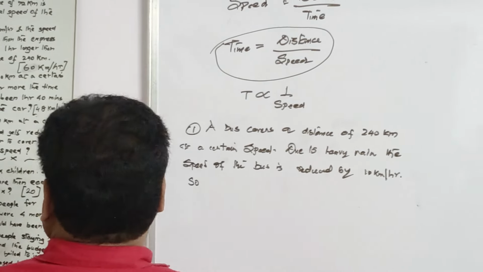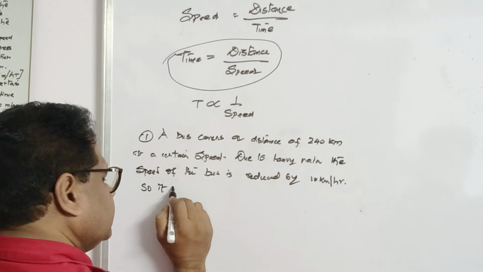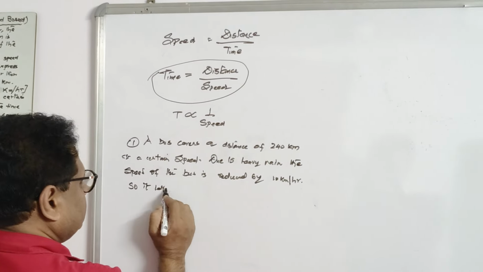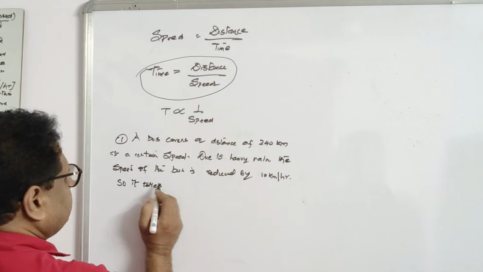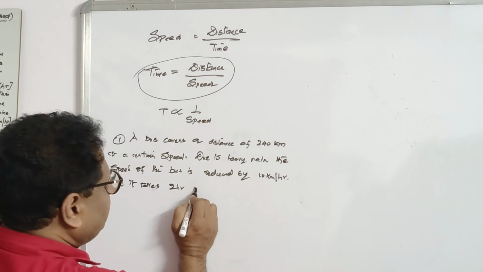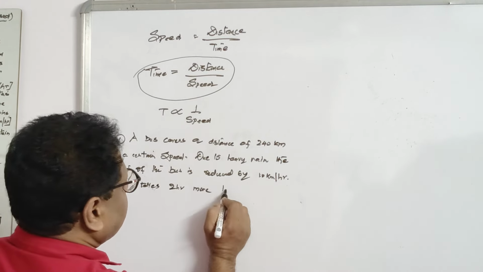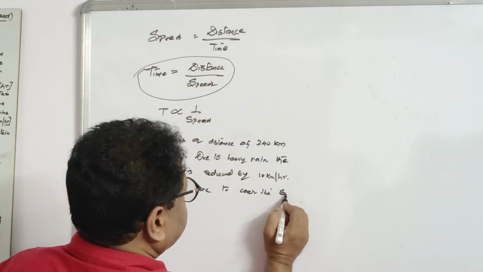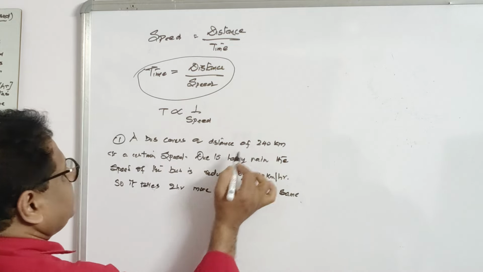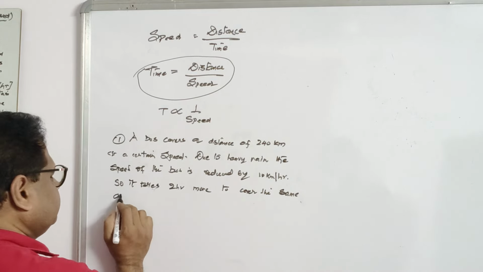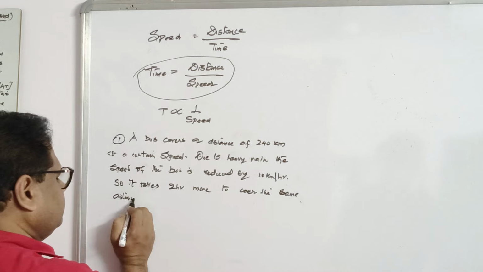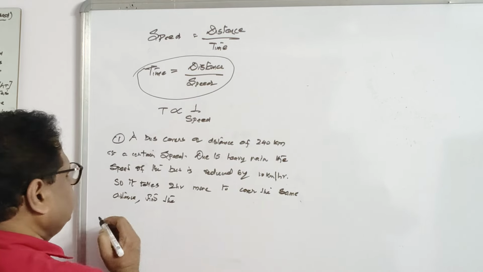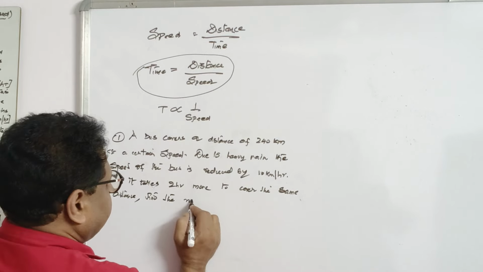So it takes 2 hours more to cover the same distance, that is 240 kilometers. Find the normal speed.